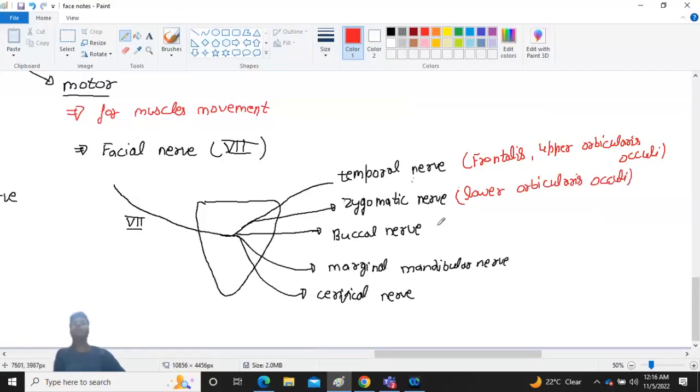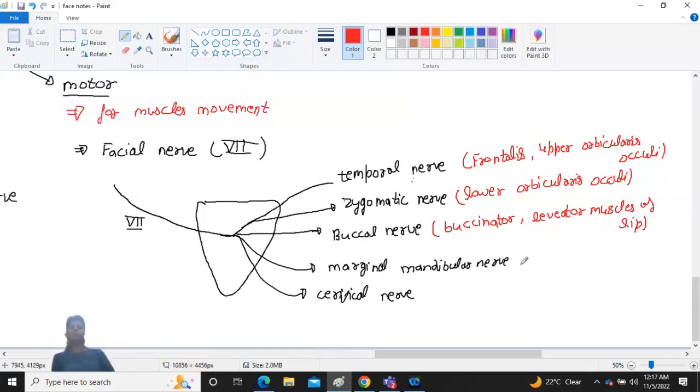Then the buccal nerve is for the buccinator muscle and for the upper lip region, the levator muscles of the lip.